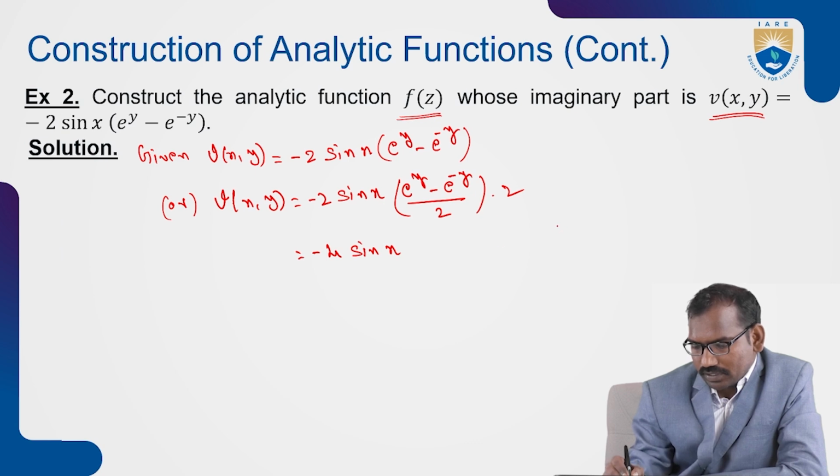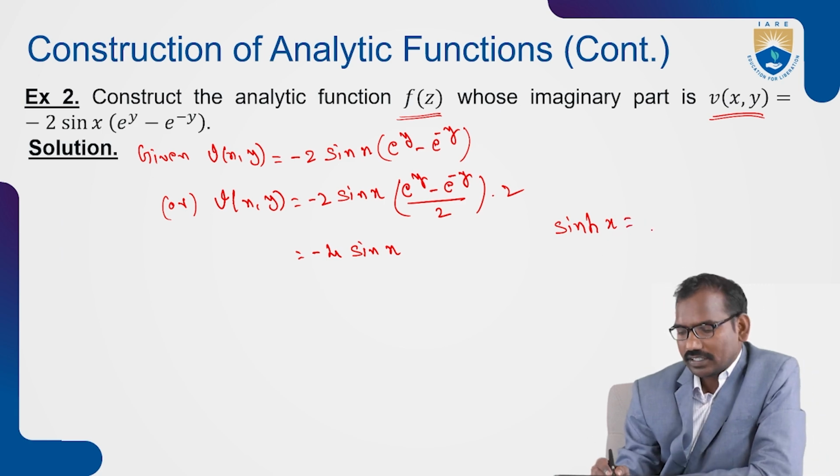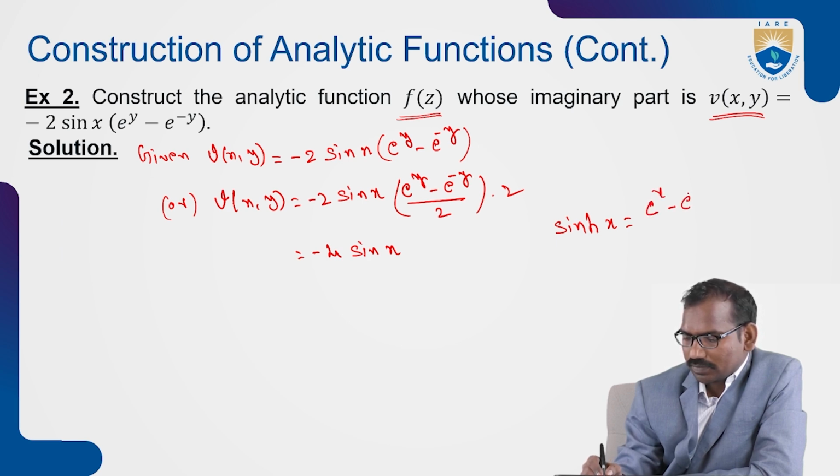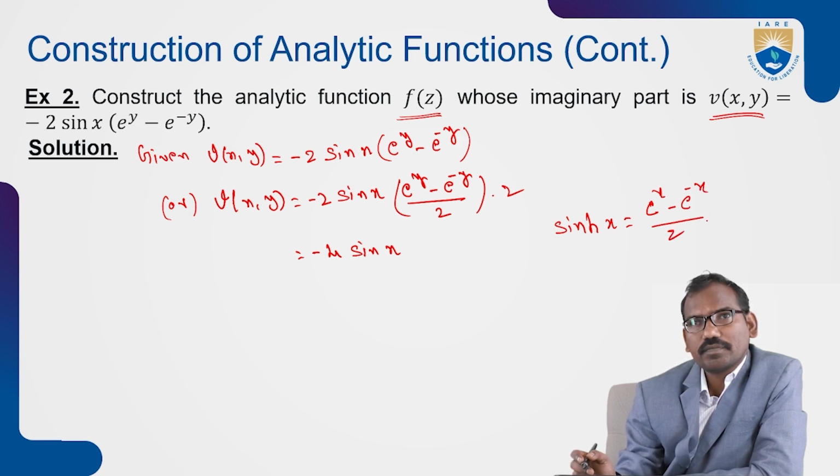We know sin hyperbolic x in terms of exponential function is (e^x minus e^(-x)) by 2.